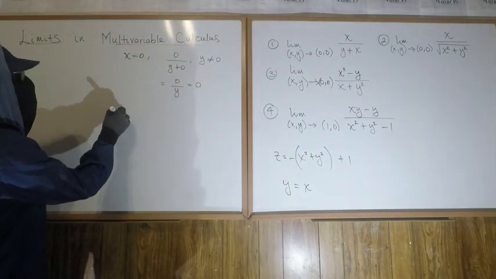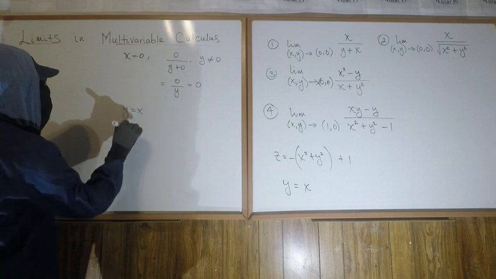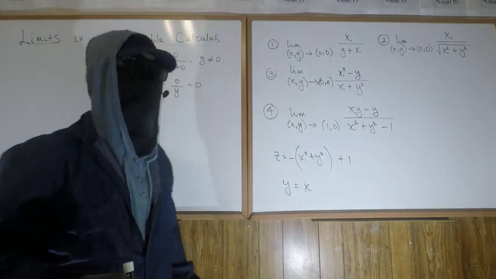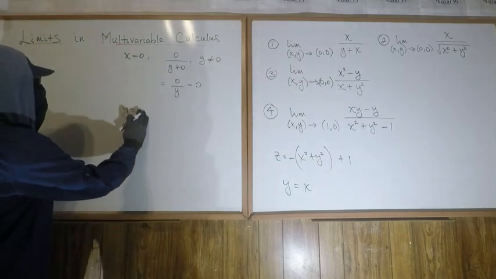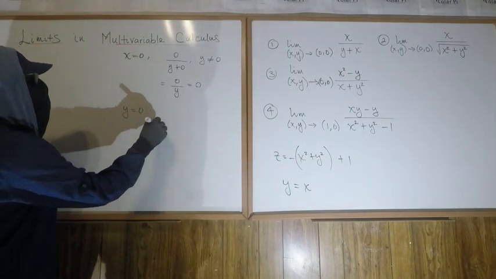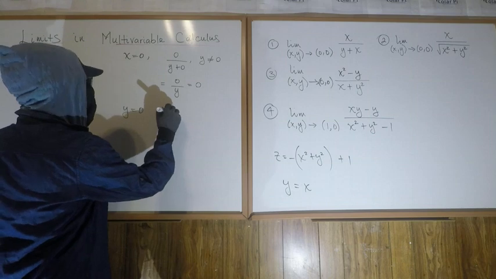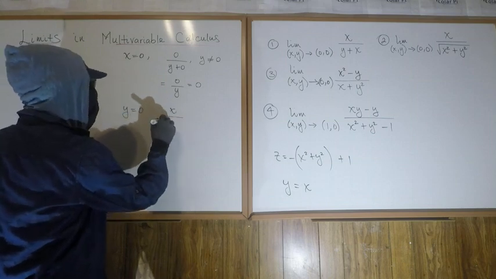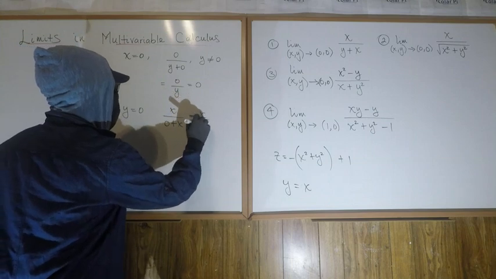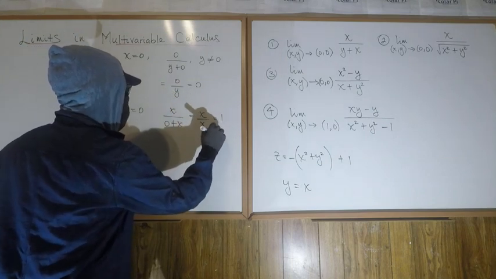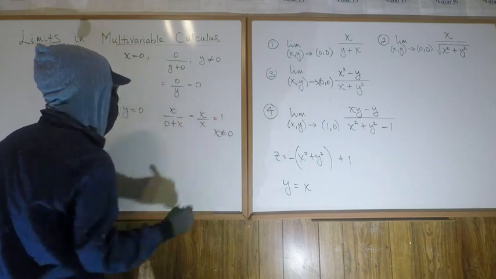But if we approach along y equals x, right? I could approach along y equals 0, but I don't want to do that. That's kind of lame. Actually, let's do it. Along y equals 0, we're going to get x over 0 plus x, which is equal to x over x, which is 1, so long as x is not equal to 0, right?